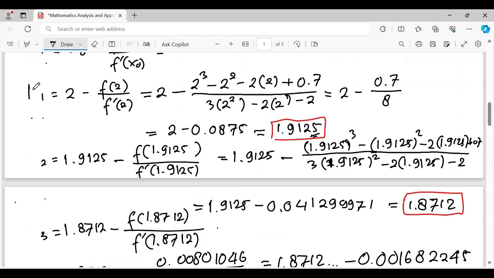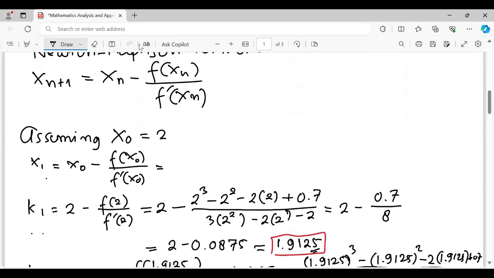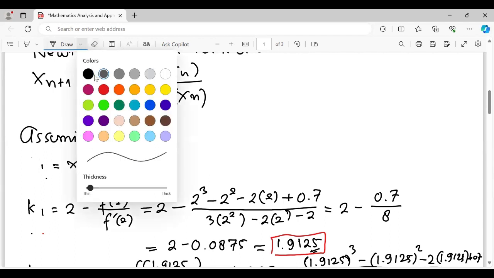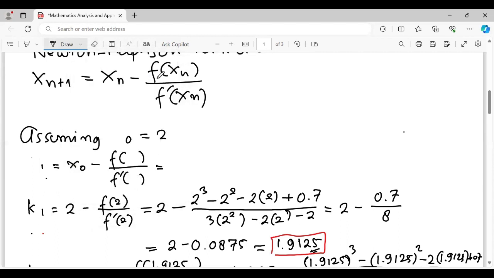This is K1, K2, K3. Okay, and the formula is supposed to be K0.